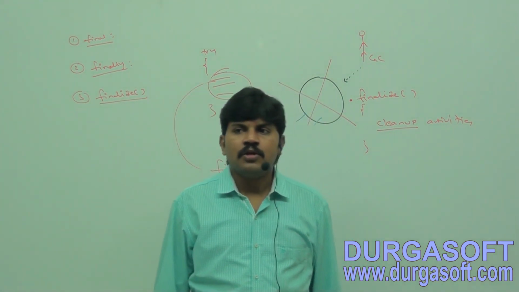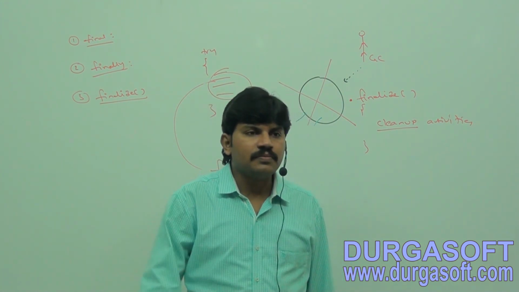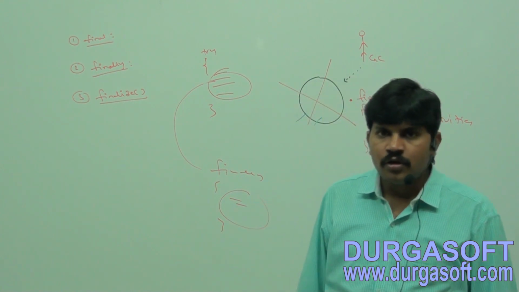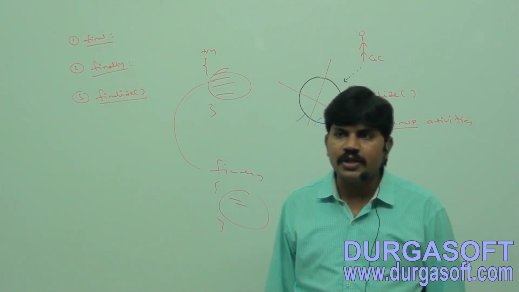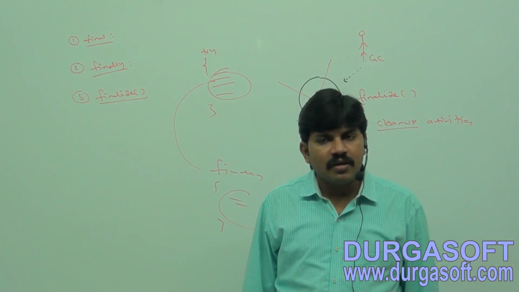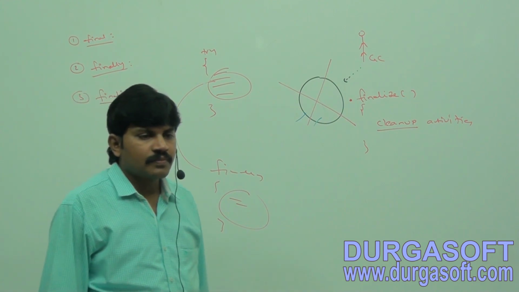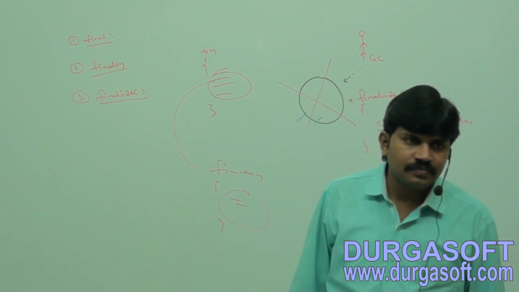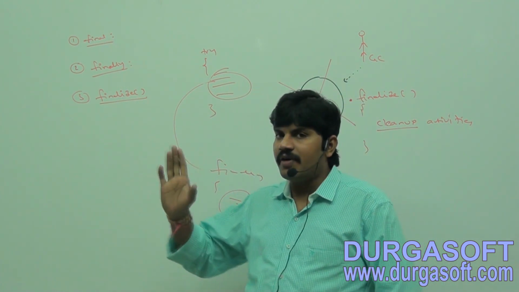That is, whatever resources are associated with the object will be deallocated before destroying the object by using the finalize method. Are you getting? Sir, object level cleanup activities.